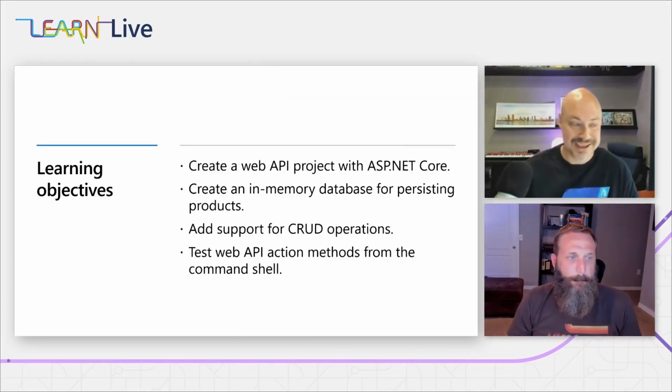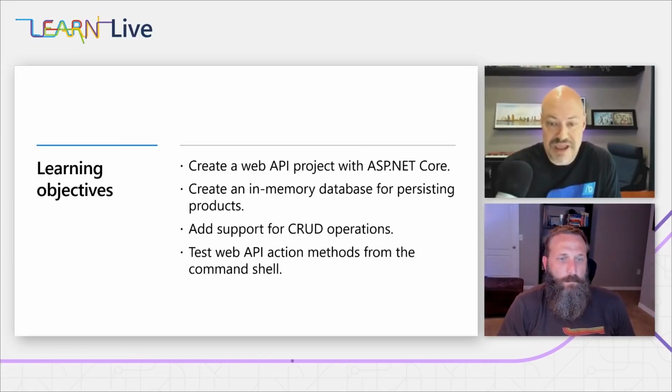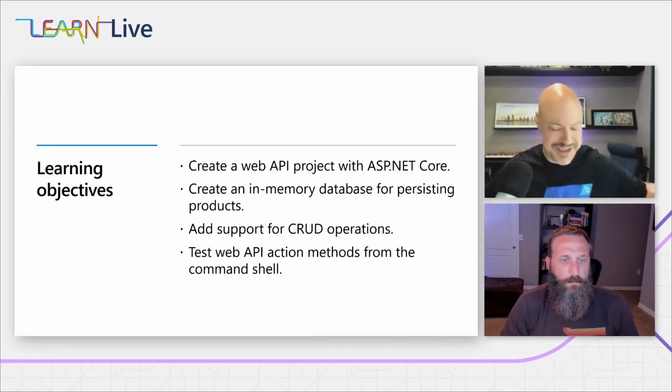So here's what we're going to be doing. We're going to create a web API project with ASP.NET Core. For this one, we really want to focus on just the API part, so we're using just an in-memory database. Then we're going to show these CRUD operations. What is the elevator pitch?